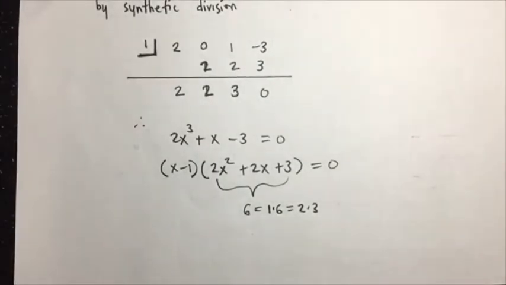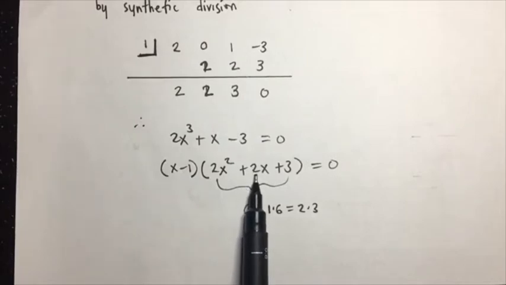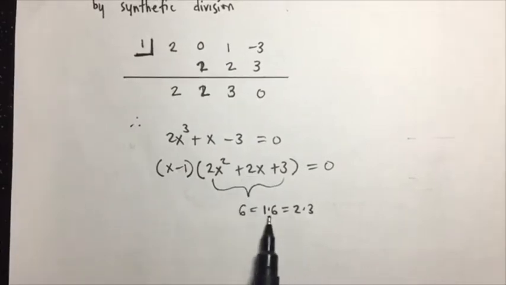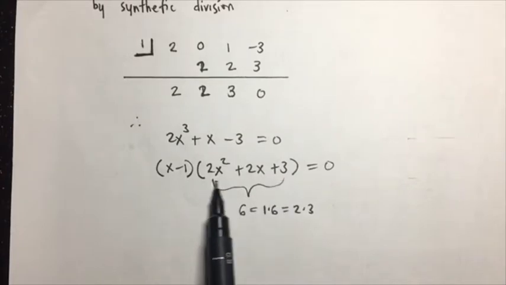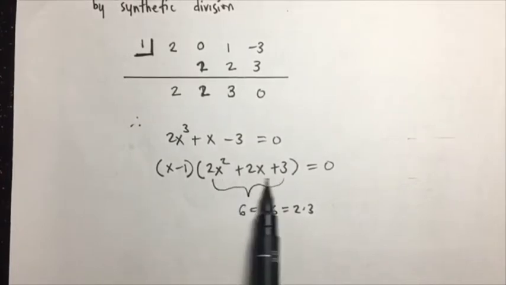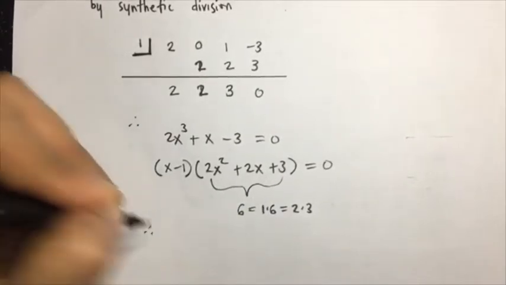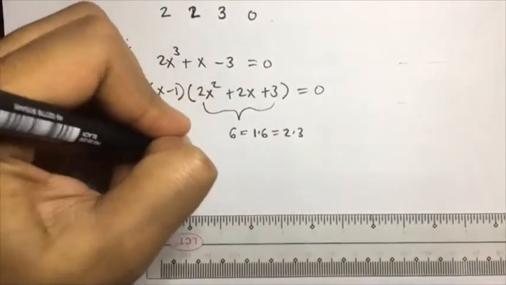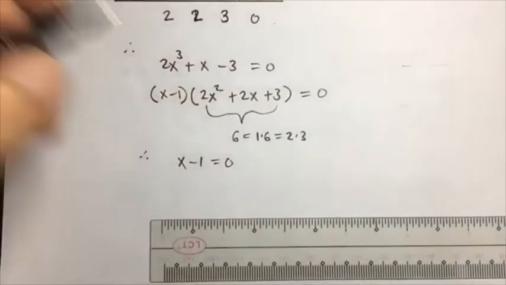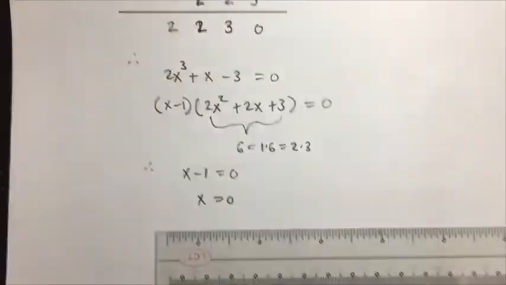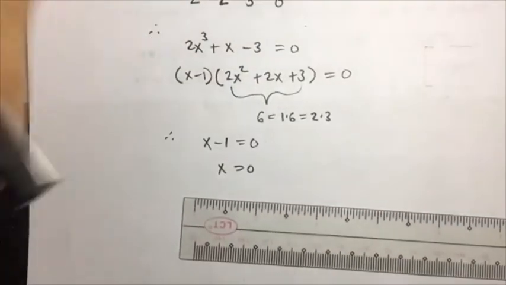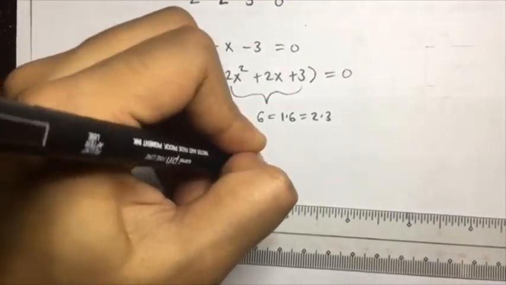None of the factors will sum up to the coefficient of the second term. So therefore this term cannot be factored further. So we only have one root, x minus 1 is equal to 0, or x is equal to 1.